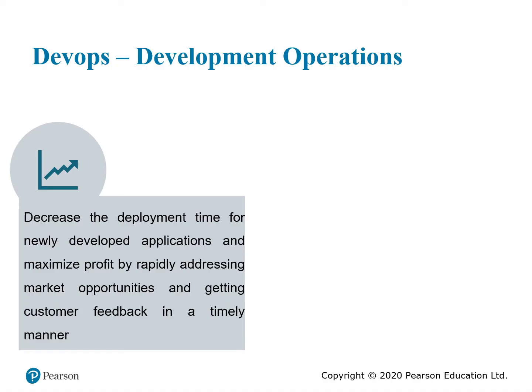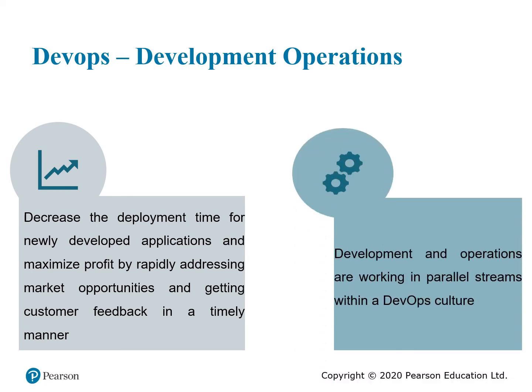So in development and operations, or DevOps, the first side decreases the development time for newly developed applications and maximizes profit by rapidly addressing market opportunities and getting customer feedback in a timely manner. Also, development and operations work in parallel streams within the DevOps culture.